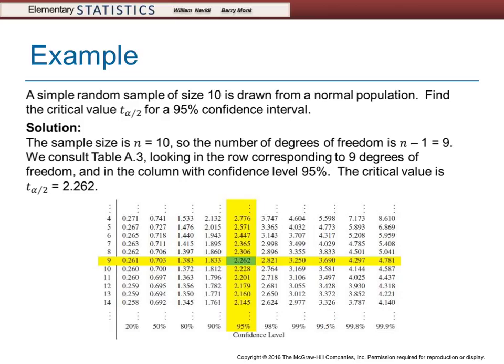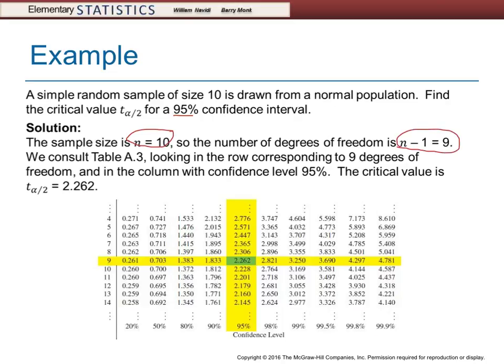A simple random sample of size 10 is drawn from a normal population. We want to find the critical value t alpha over 2 for a 95% confidence interval. The sample size is 10, so the number of degrees of freedom is 9.